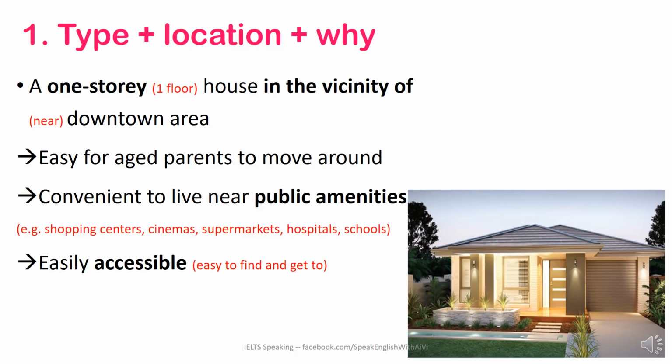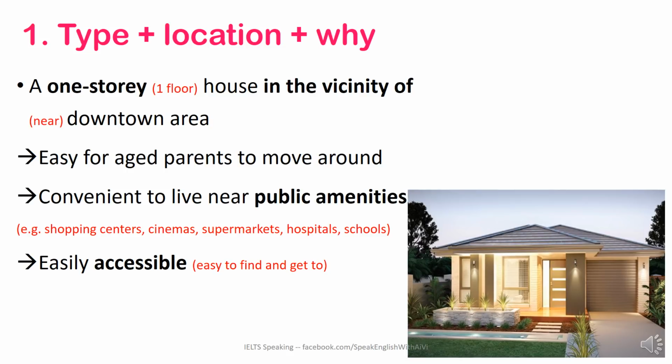Next, you can talk about a one-story house, which looks like the picture. And you may want to live in the vicinity of the downtown area, so you can live near public amenities. You can pronounce this word as amenity or amenity.